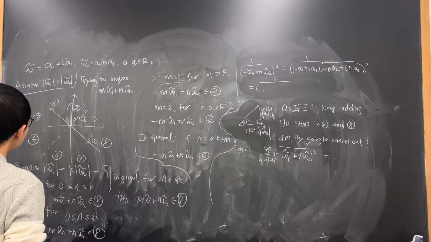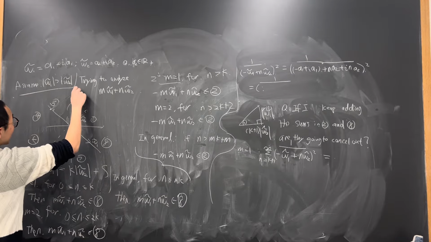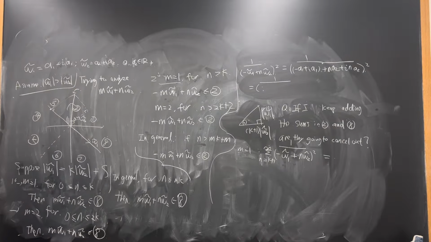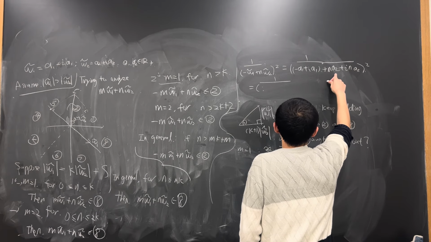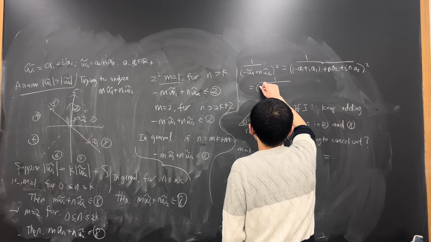Since I know that it lies in this region 2, the real part must be positive. So basically this NA2 must dominate this negative A1, right?